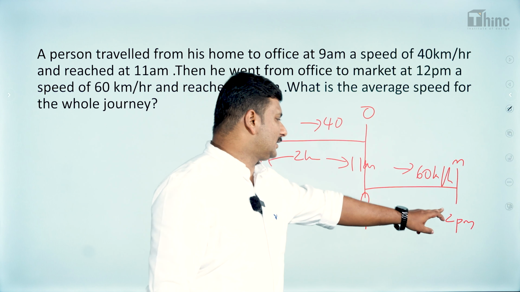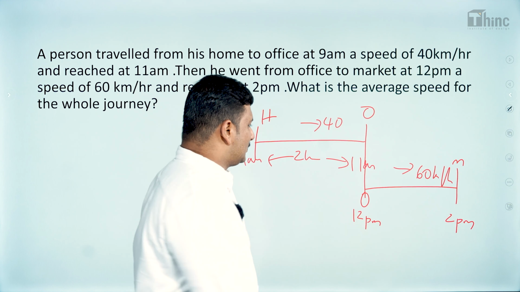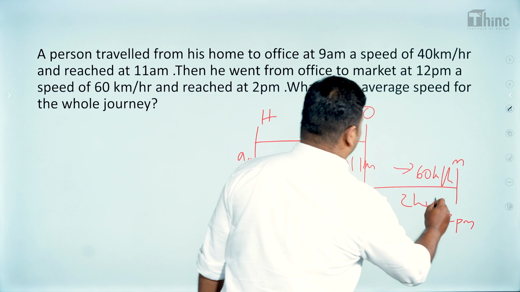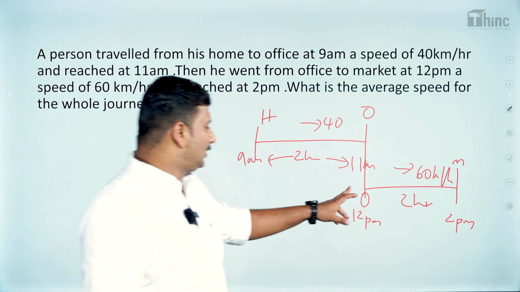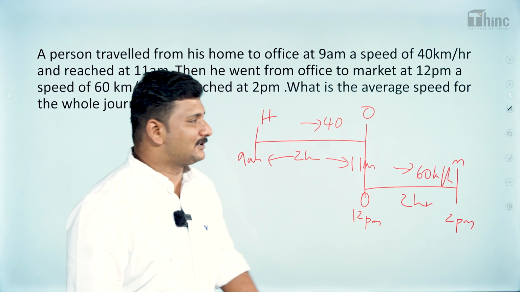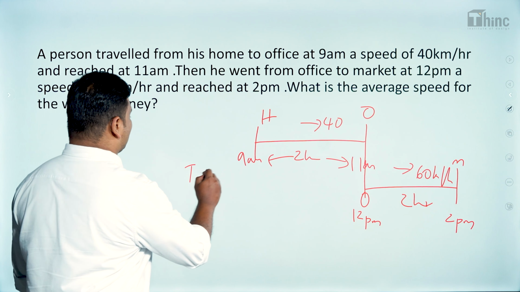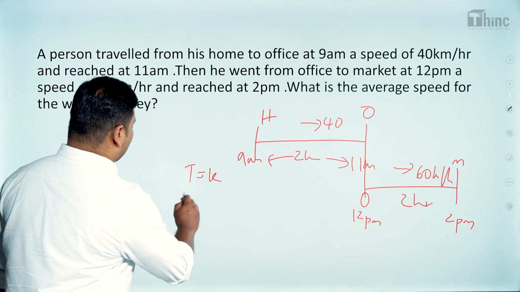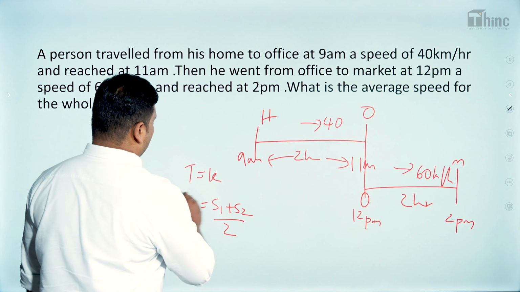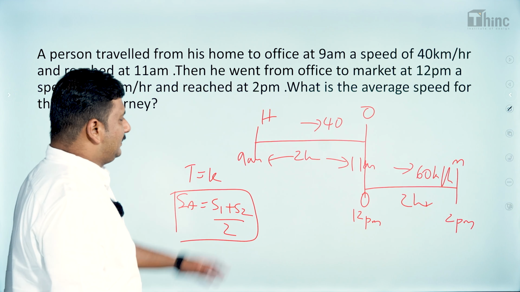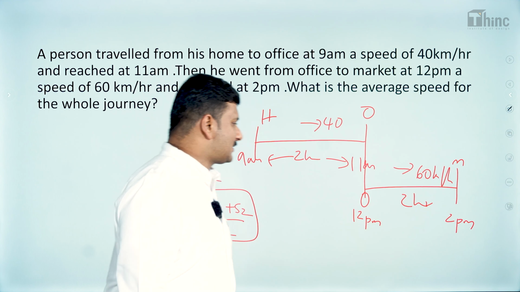Then from office to market, he left at 12 and reaches at 2. So that means again he's taking 2 hours, right? So the time taken to move from home to office is 2 hours. Time taken to move from office to market is also 2 hours. So what is constant? Time is constant. So if time is constant, what is the average speed? It is nothing but s1 plus s2 by 2, right? So in this case, 2 hours is what he takes in each stretch.